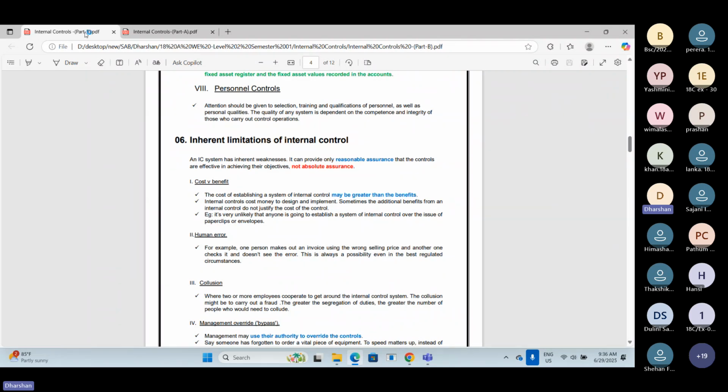Out of those 50 processes, my question is, does that company implement controls for all 50 processes, including envelope and step in purchase and consumption, or will they implement only for the major processes?